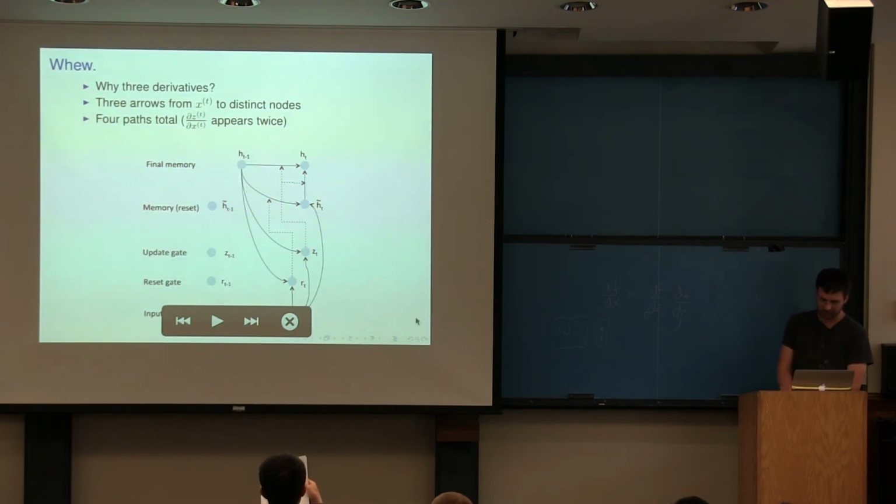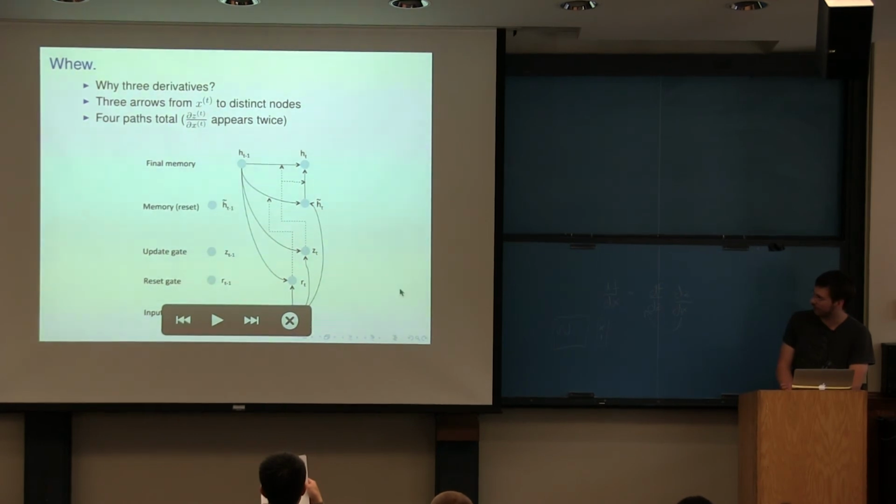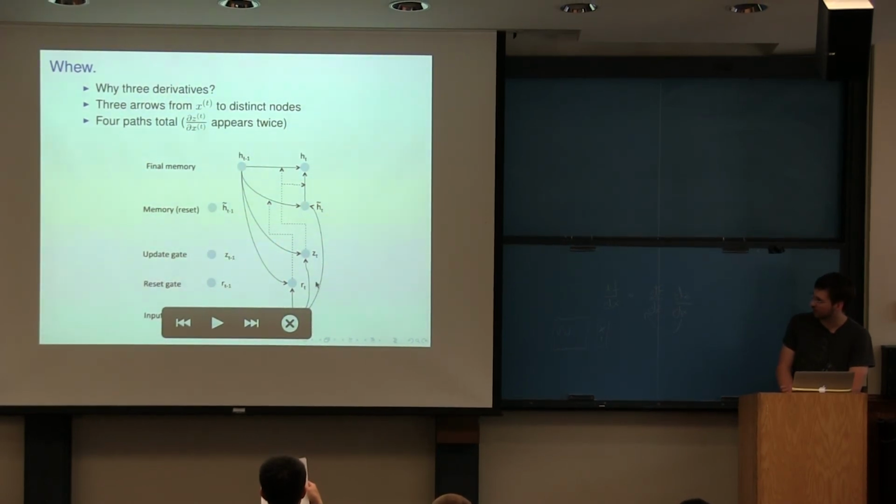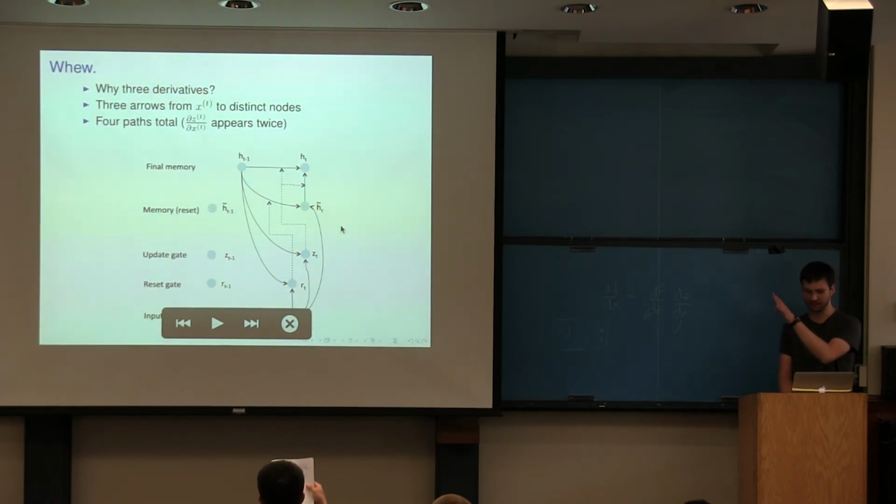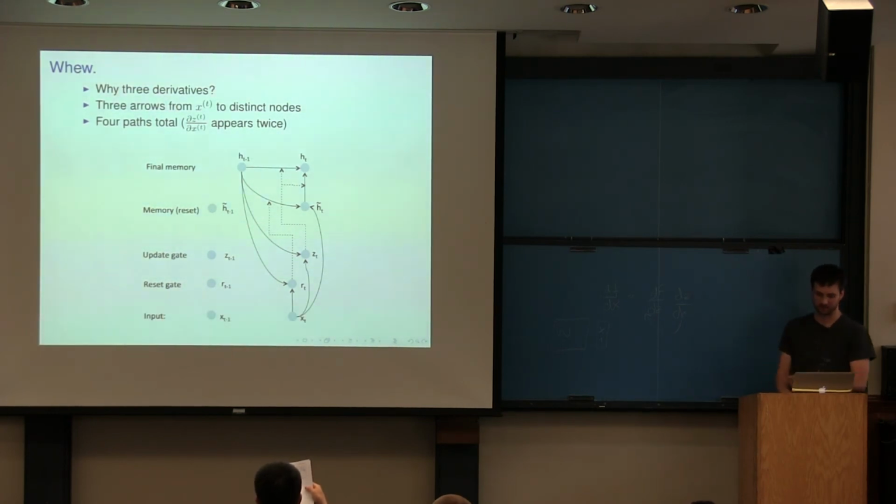If you look at the X node, there are three paths coming out of it. There's three different things that depend on it, so we would have to compute these derivatives in three different places, because we have to account for all the possible paths from where the error comes in, which is right here, flowing back to the node that we're interested in, which is down here.